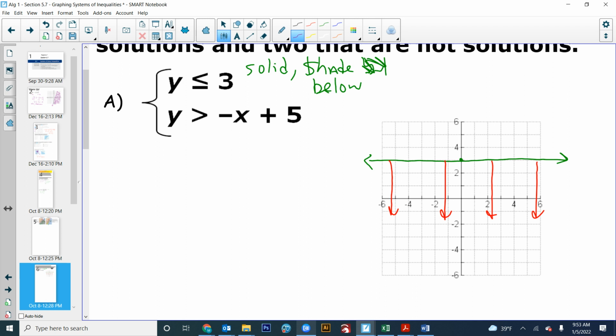All right. What kind of line here for the second one? Dashed. Okay, am I going to shade above or below? It's greater than, right?